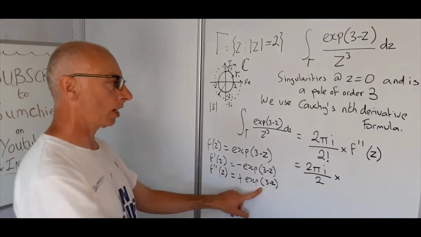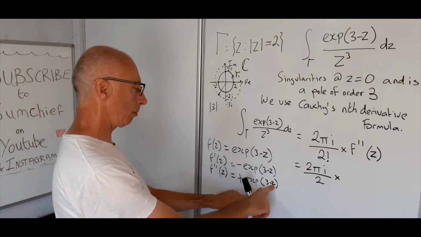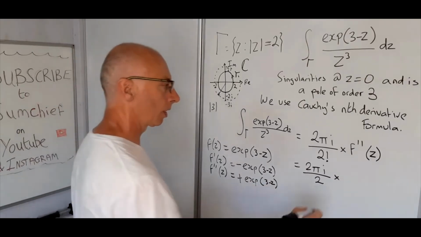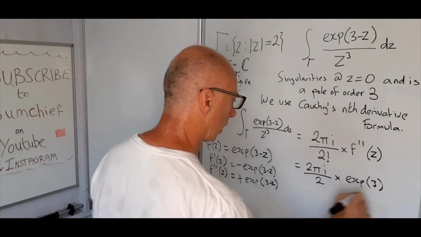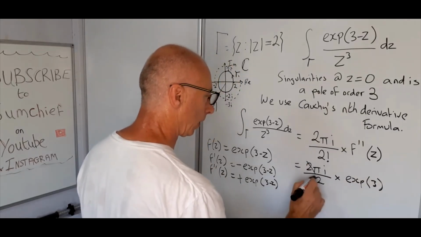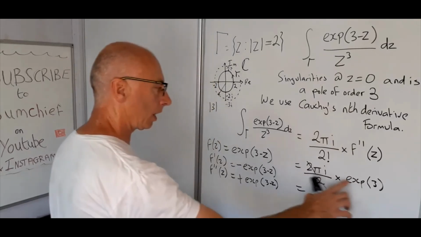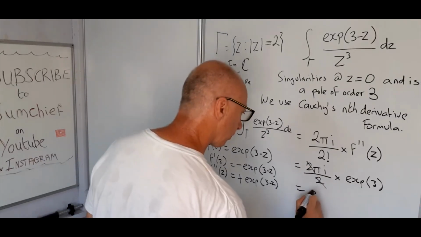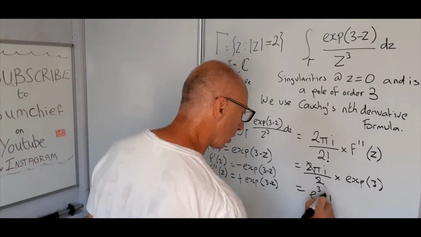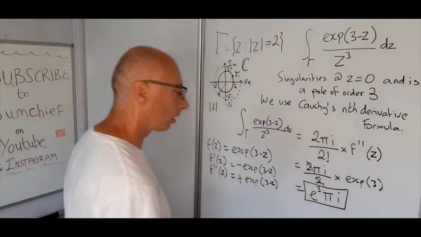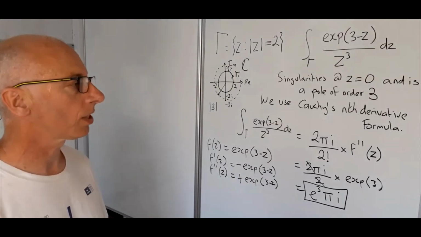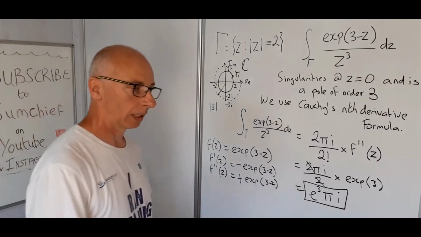Now the second derivative at 0: 3 minus 0 is just 3, so we have exponential of 3. That will equal, the 2 can cancel out, e to the 3 pi i. And that will give us our answer using Cauchy's nth derivative formula.